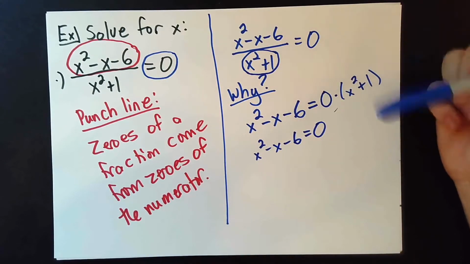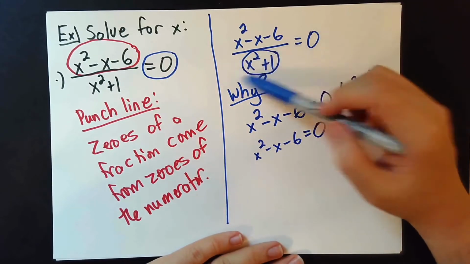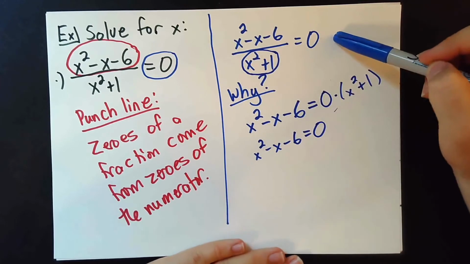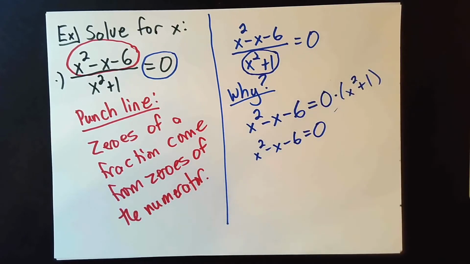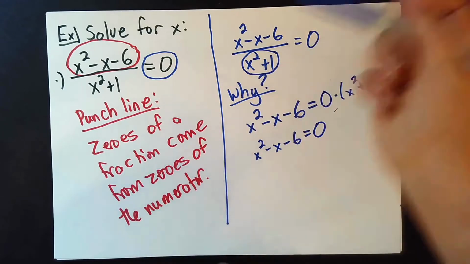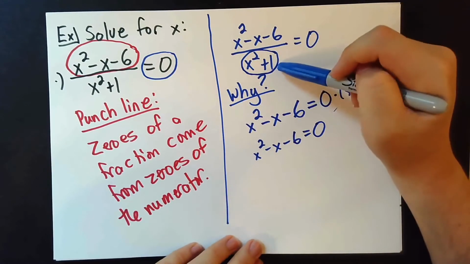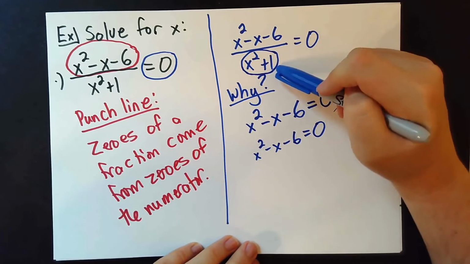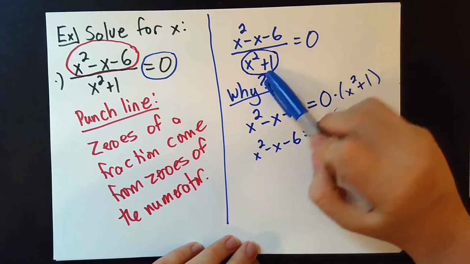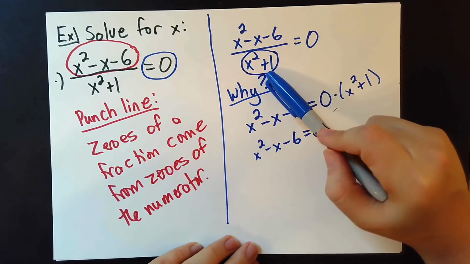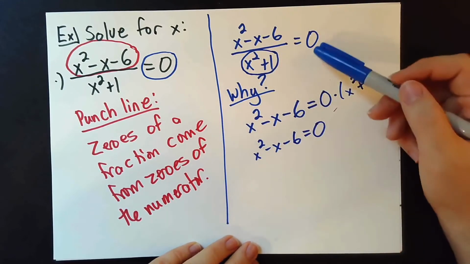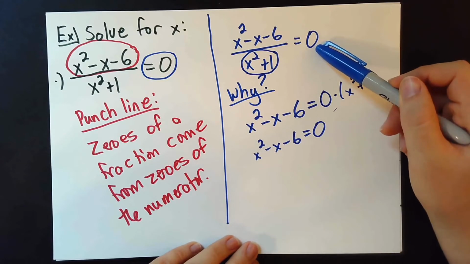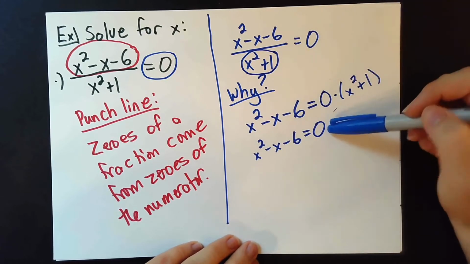Often you'll think of this as, oh, I'm moving the x squared plus 1 to the other side, but you really want to think about what the operation you're doing here is. I'm trying to undo division. The operation that undoes division is multiplication. And so I multiply both sides by x squared plus 1, which amounts to multiplying 0 by x squared plus 1, but that just leaves a 0.